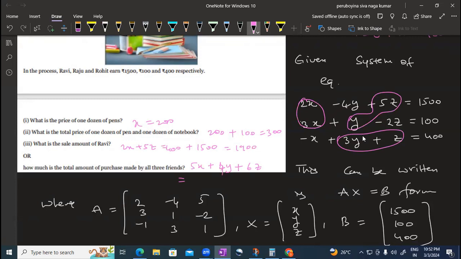So 5 into x means 1000 rupees, plus 4y means 400 rupees, 6 threes are 1800 rupees. So 1000 plus 1800 is 2800, 2800 plus 400, 3,200 rupees is the total amount of the 3 friends.